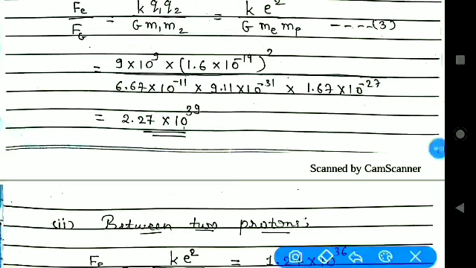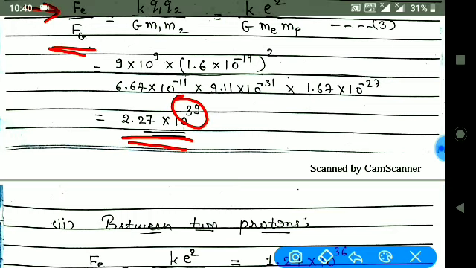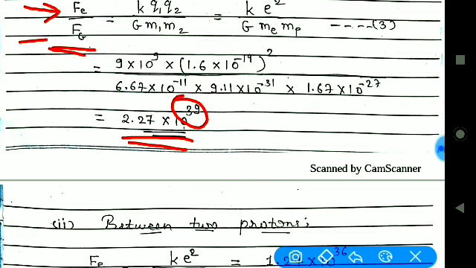So now you can see the ratio of Fe upon Fg is obtained to be 2.27 into 10 raised to 39. So as this ratio is very much large, we can say that the electric force between these two particles is very much larger than the gravitational force.